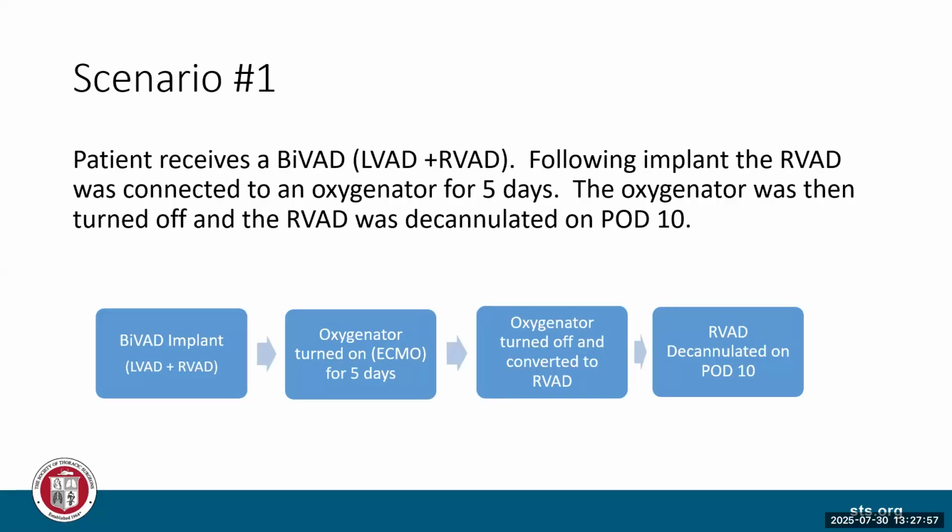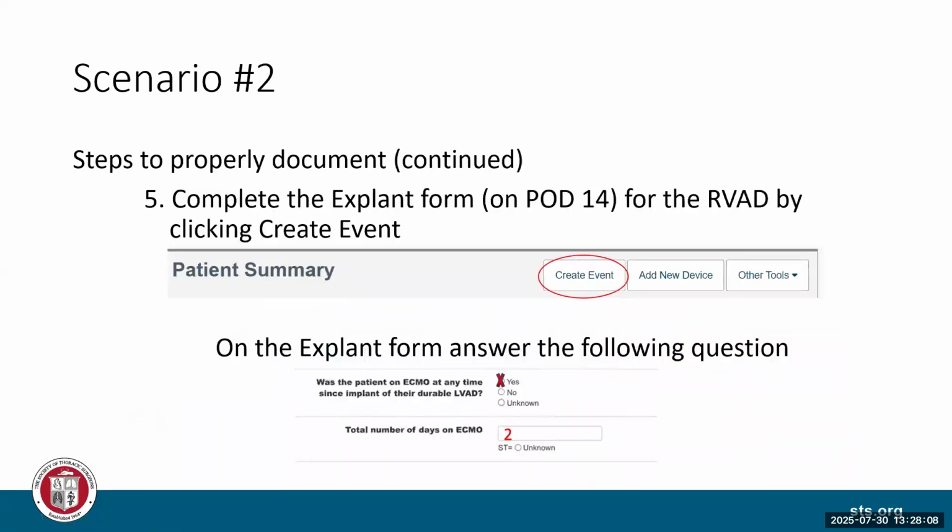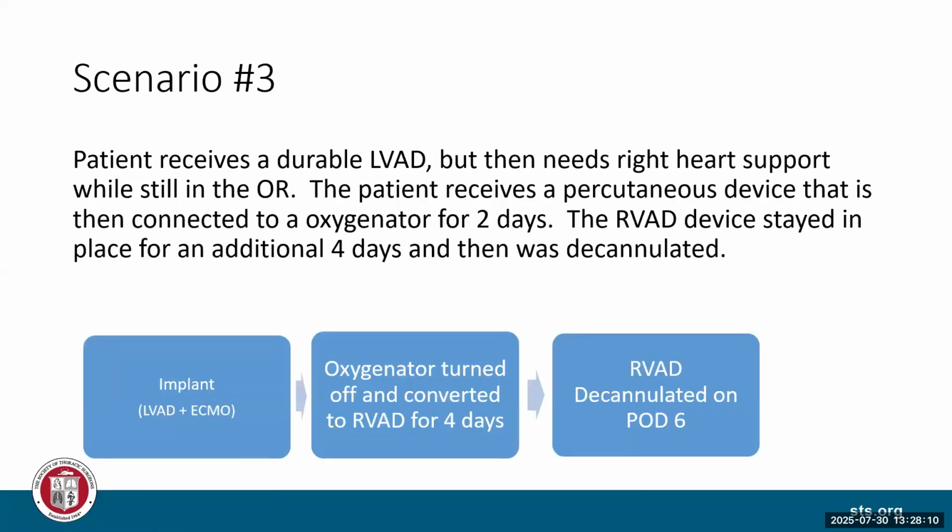Patricia, you'll have to explain scenario 3 again because a lot of people are going to be confused. If the RVAD was implanted with the LVAD, and then you say you do not add it as a BiVAD until the oxygenator is off, right? When you are adding another device, they ask you whether the device was percutaneous or cut down or whatever.